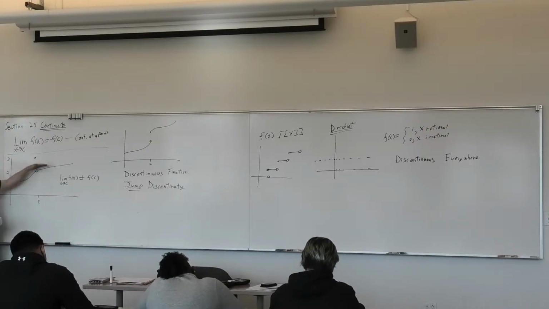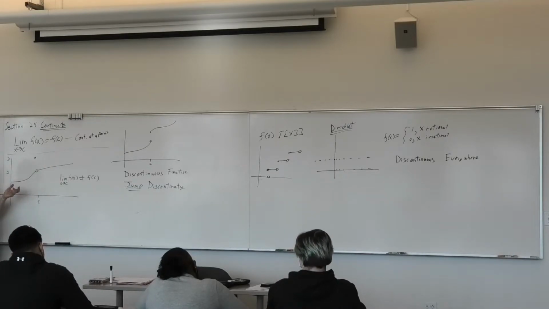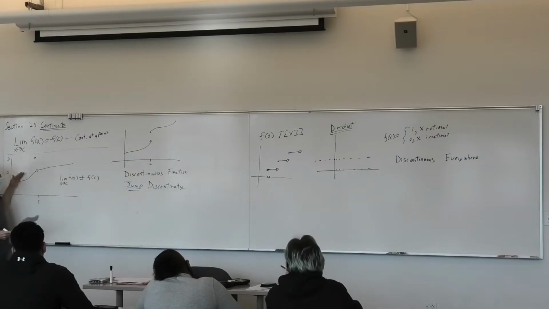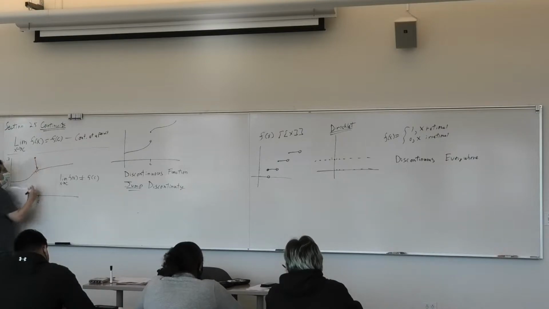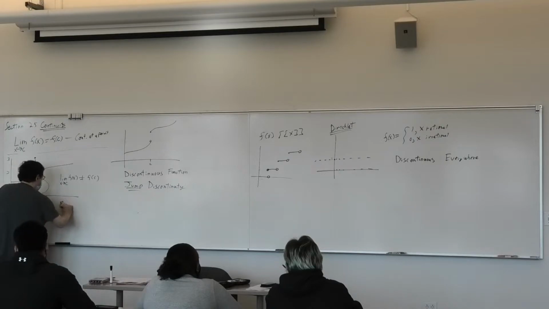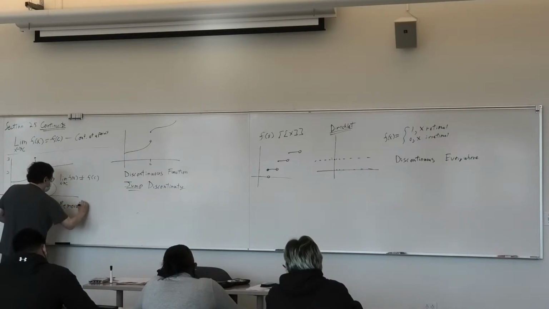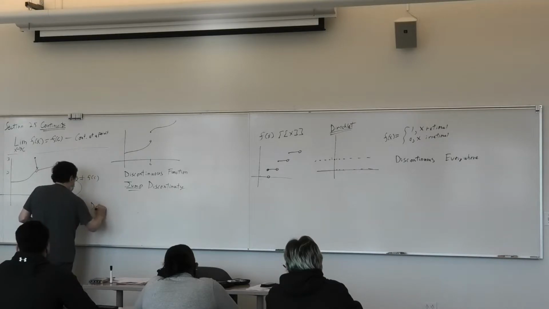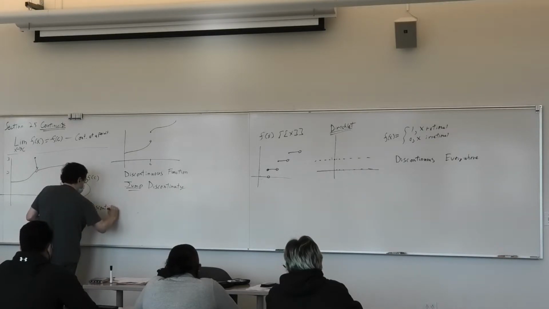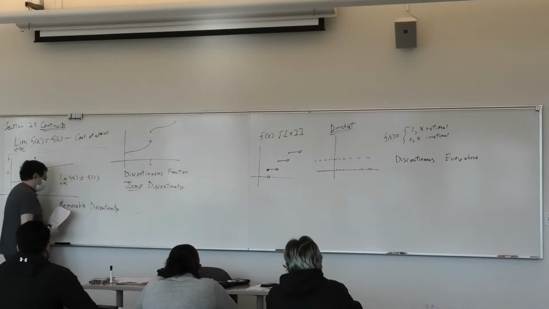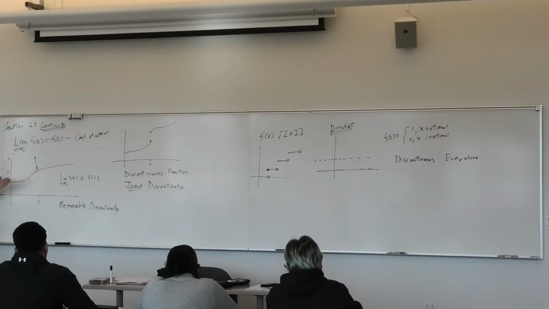So it just has a single point, and we can fix this. We can make it continuous by moving this point or defining this point. This is called a removable discontinuity. It's removable in that you can redefine the function, and it becomes continuous at that point.